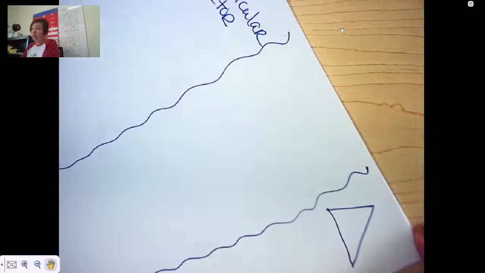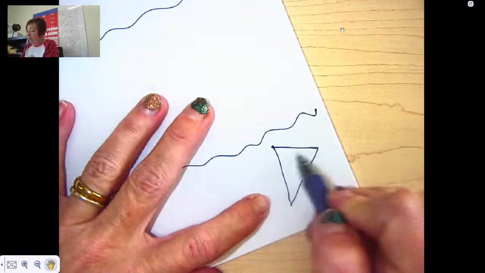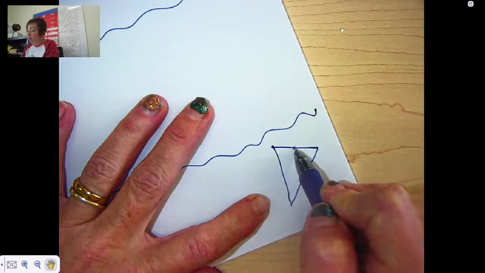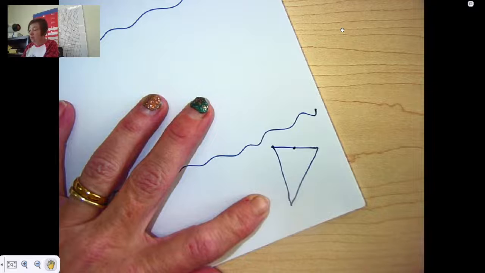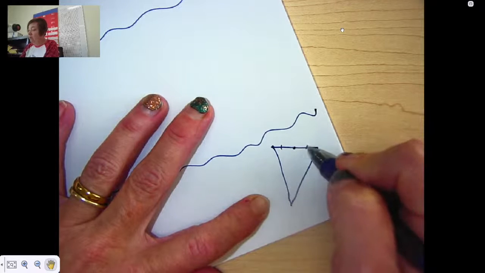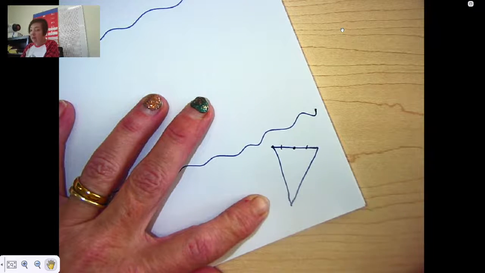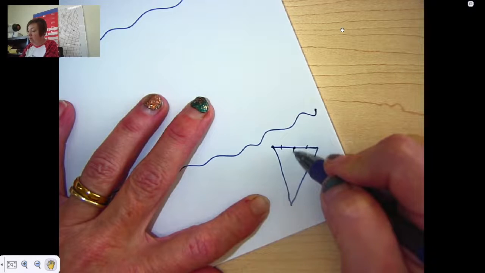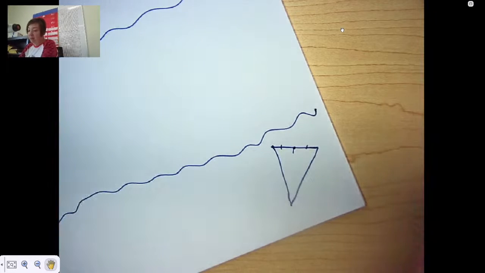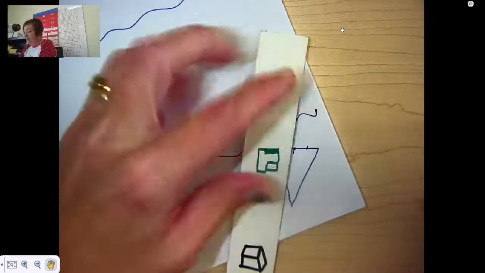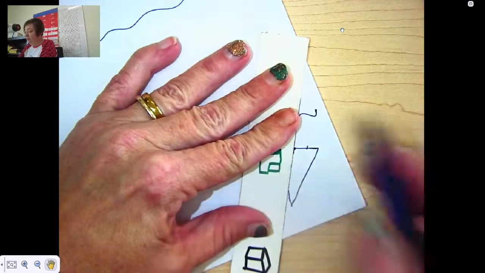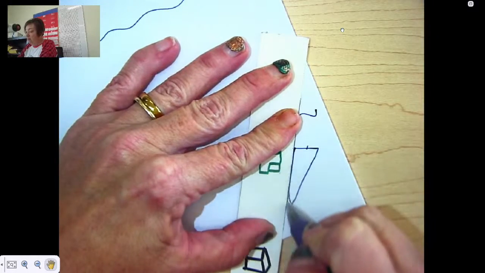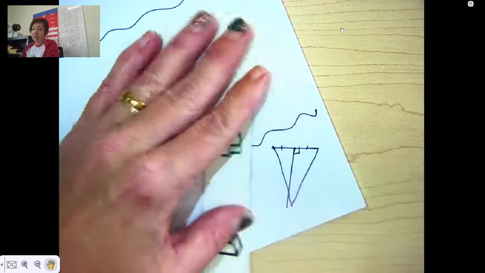So I'm going to sort of sketch them. You do the best you can too. I'm going to eyeball about halfway across, right? That means that this side right here would be congruent to this side right here. And then I'm going to draw a segment that is roughly 90 degrees right there.